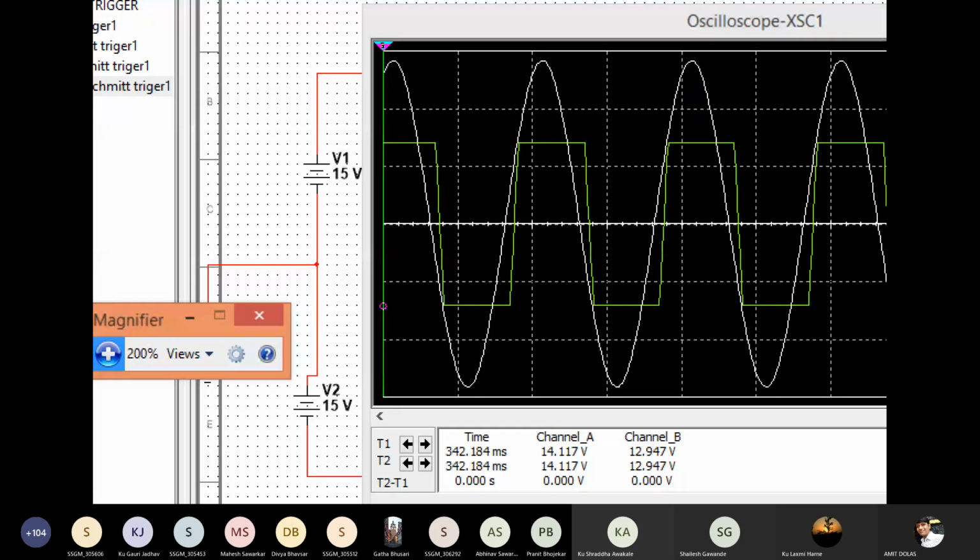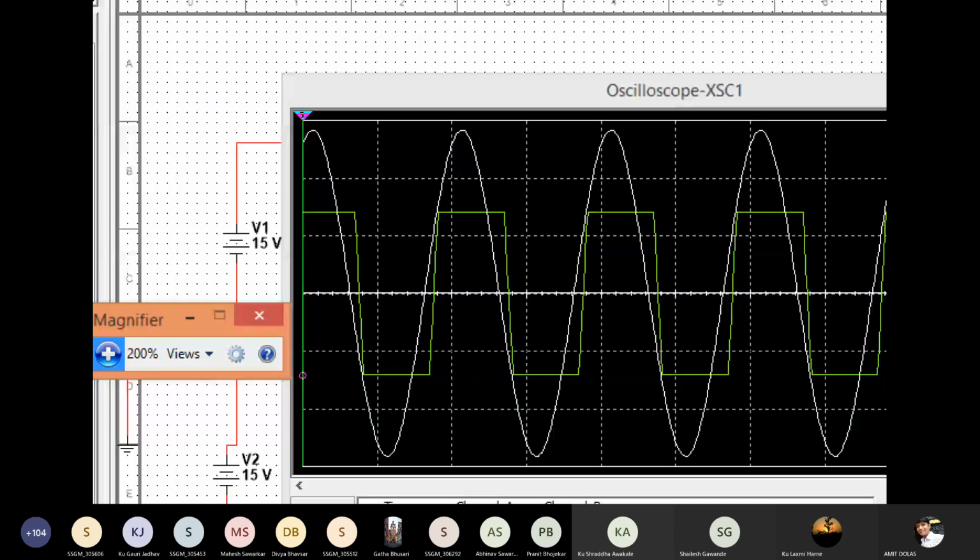And as the signal tries to go above the upper threshold value, then the output goes positive. The logic we got earlier is reversed here. So it is a non-inverting Schmitt trigger. So these are the two outputs of the inverting and non-inverting Schmitt trigger.